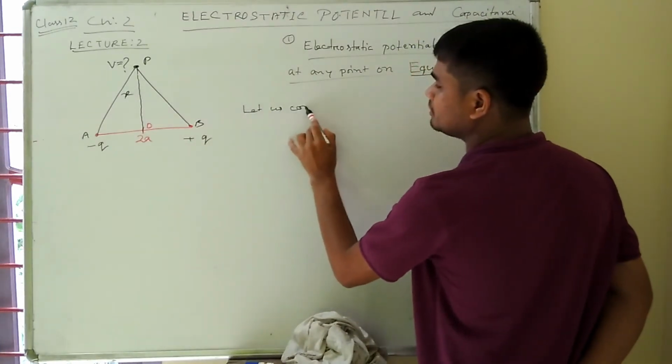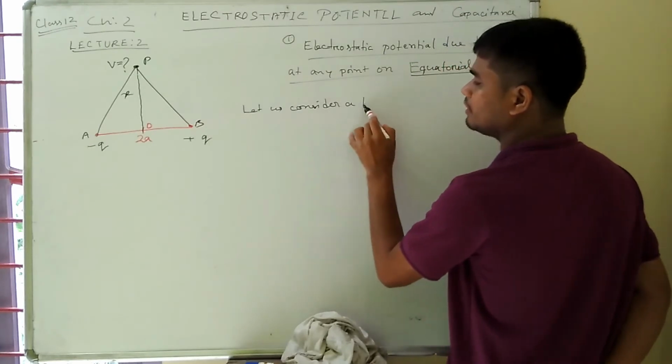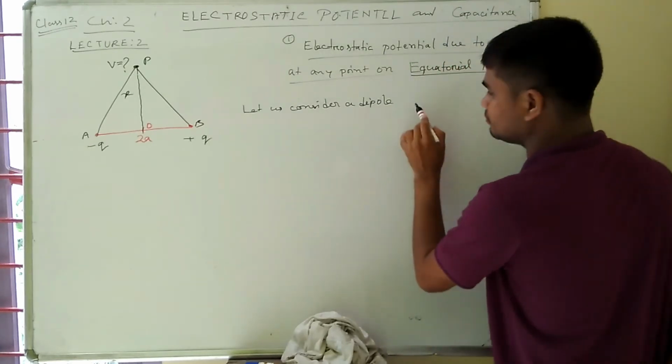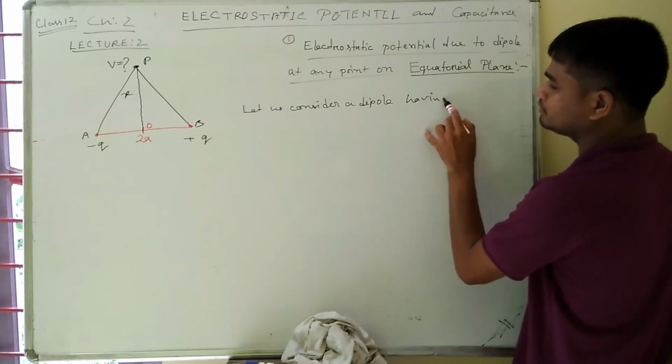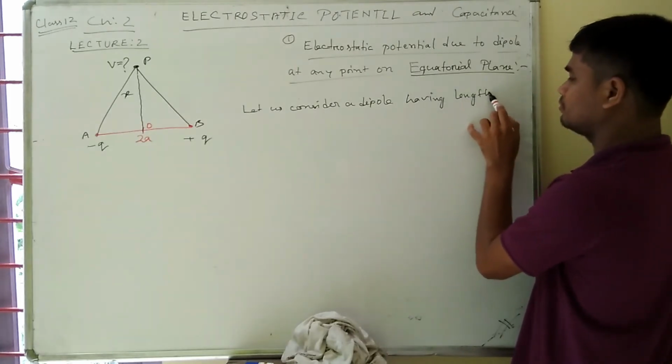Let us consider a dipole having length twice a.